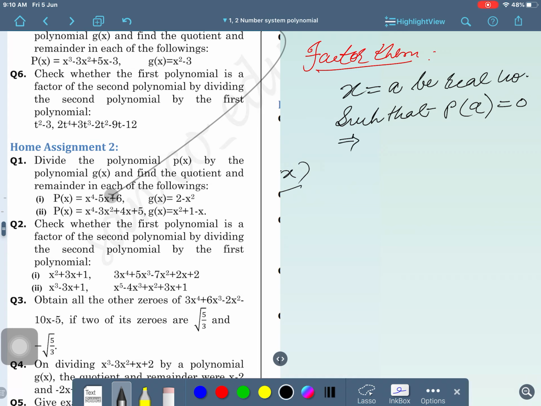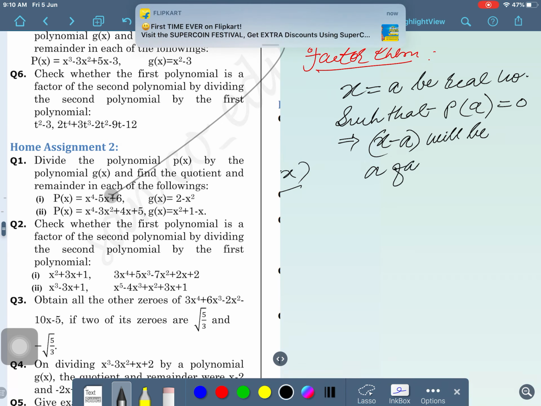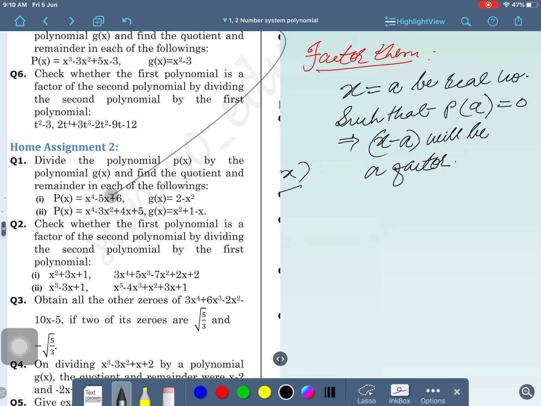Then it implies that x minus a will be a factor. This will be a factor. Is that clear or not?